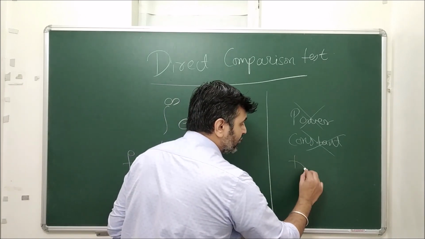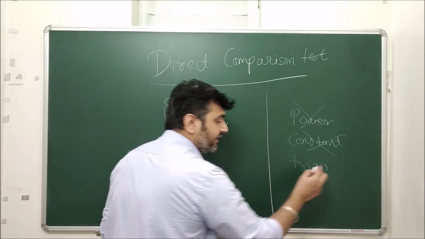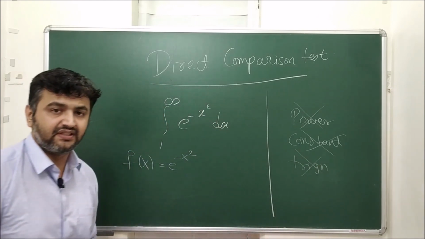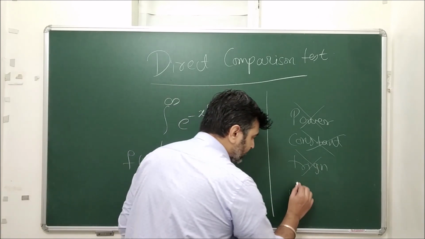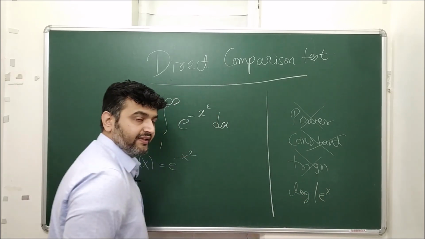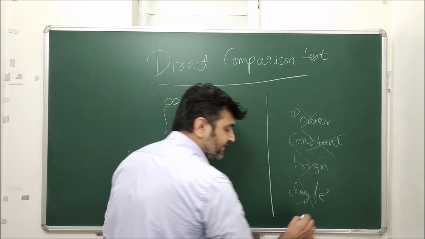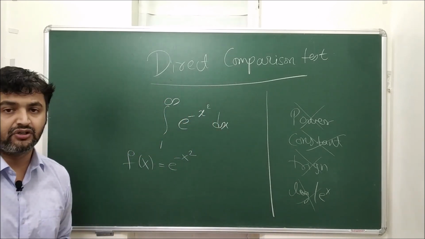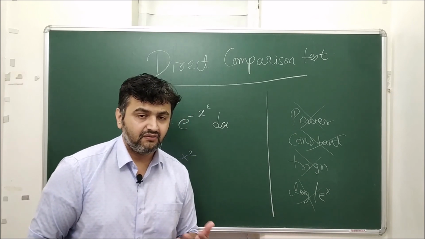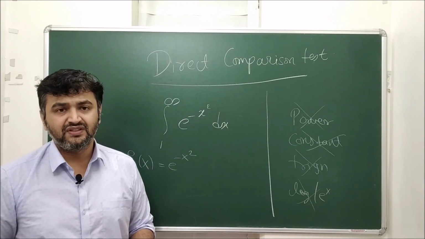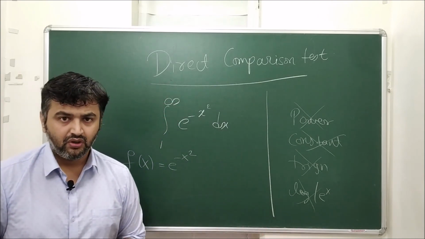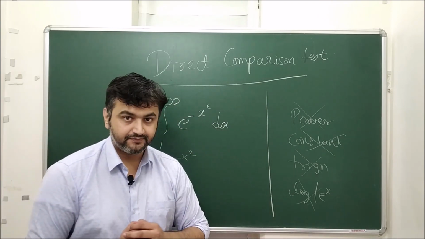If you have some trigonometry in the integral, you ignore those trigonometric functions and see what is left. If there is some log or exponential, you try to ignore that and see what is left, and then compare your function. These are tricks which will help you many times, not always, but 99% of the time, to guess the new function.